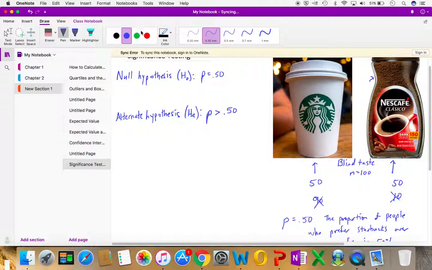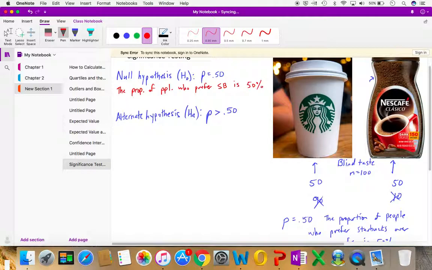Okay, so again, to put these null and alternate hypotheses in terms of words, basically the same thing we wrote down there at the bottom, we'll just abbreviate here. The proportion of people who prefer Starbucks is 50%.